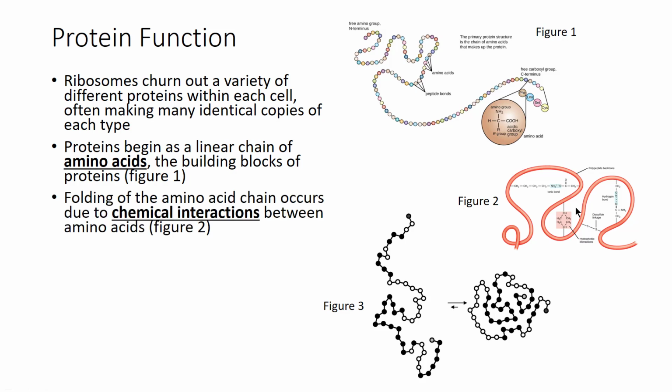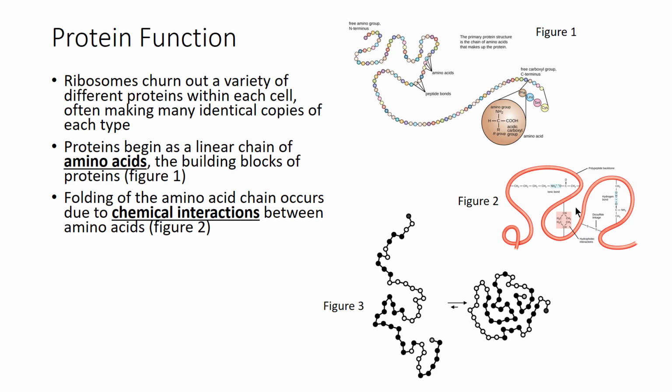The folding is a result of interactions within the amino acid chain, and ultimately the folding is a product of the genetic information. Going back to what I just said about the central dogma, the way that the protein comes together is directly a product of the information in the DNA to begin with.